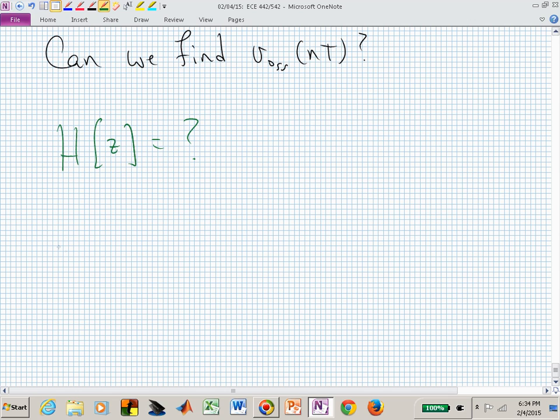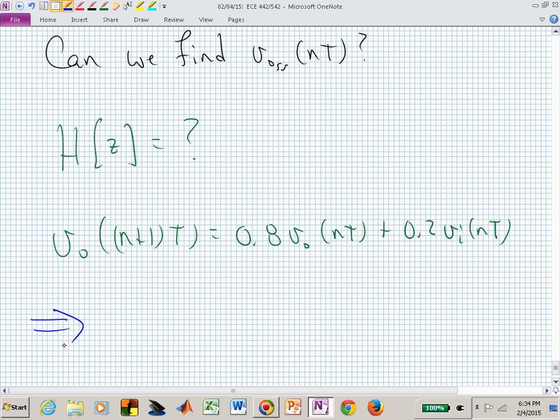We know what the difference equation is. Can you z transform that? What happens when we z transform a function of time at time n plus 1 sample periods? This gives us our multiplication by z, doesn't it, in the frequency domain. This is an advance, so this is z times v sub 0 of z.